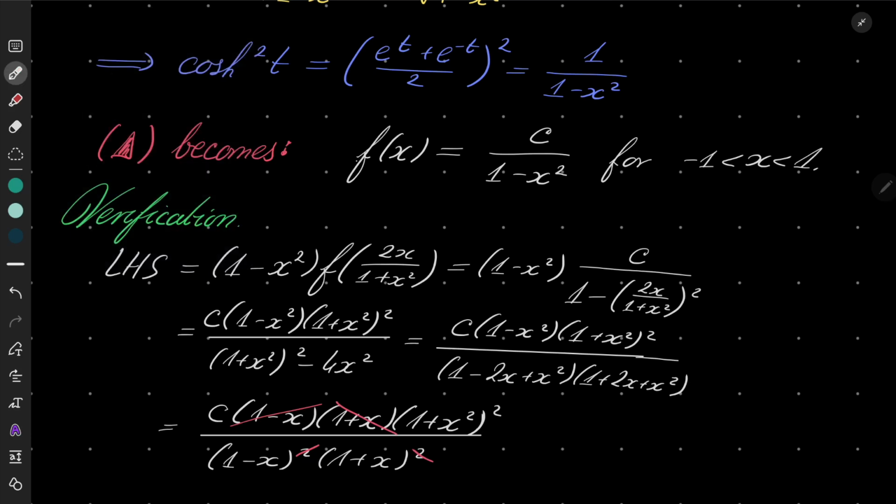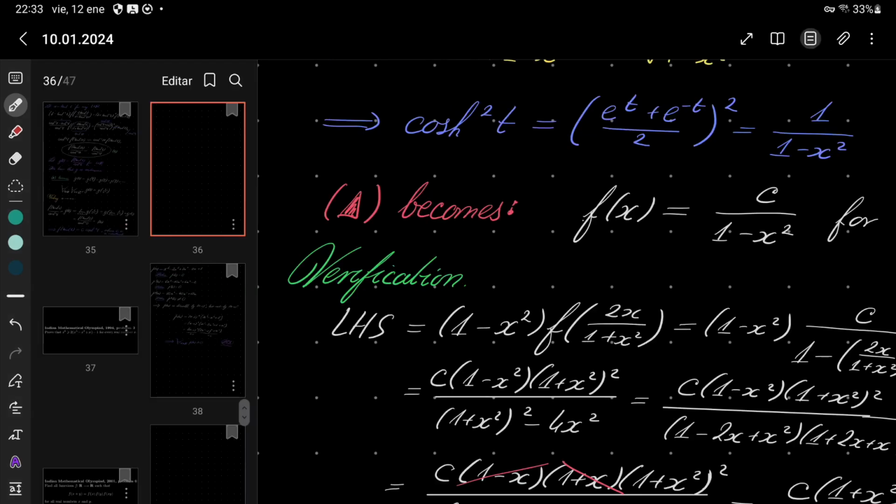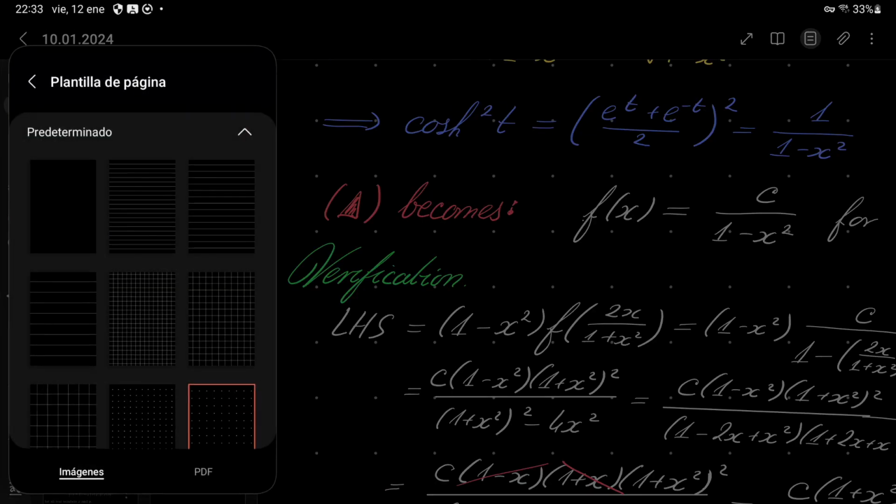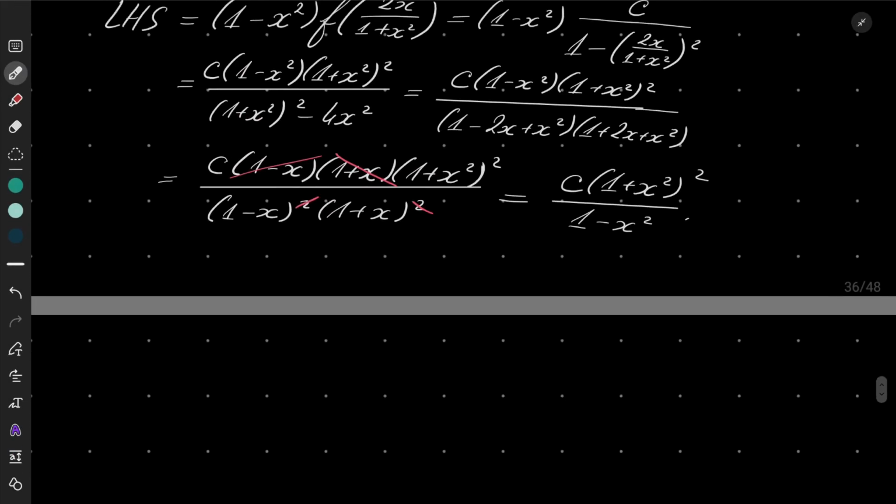So my left hand side is really c times 1 plus x squared over 1 minus x squared. What about the right hand side? Well, nothing yet because I have run out of space again. Of course. Now I can do it.